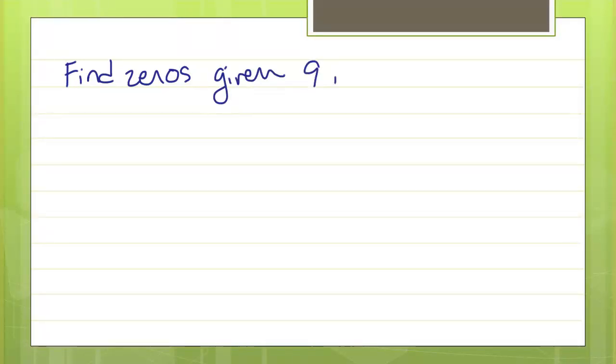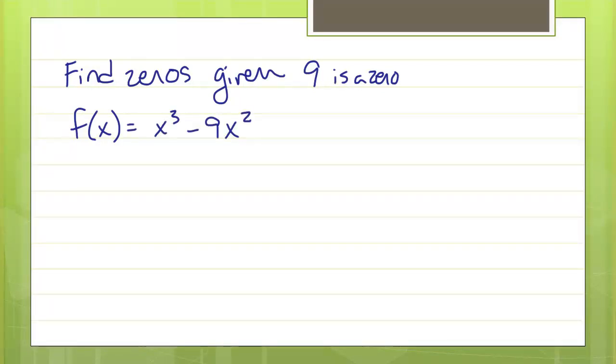One more example that's not going to be factorable. So I'm just going to have to be asked to find the zeros, given one of the zeros is 9. x to the third minus 9x squared minus 5x plus 45.